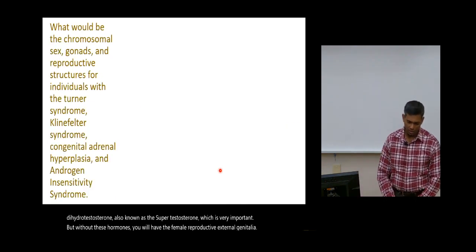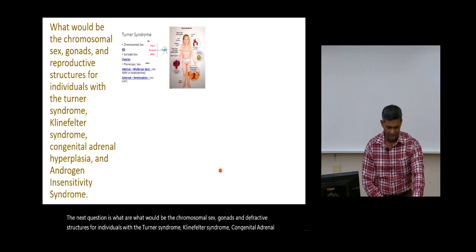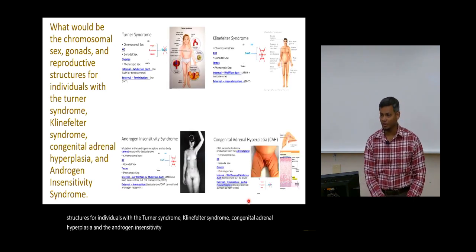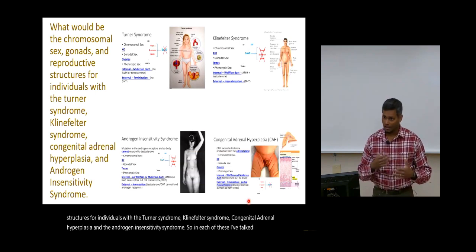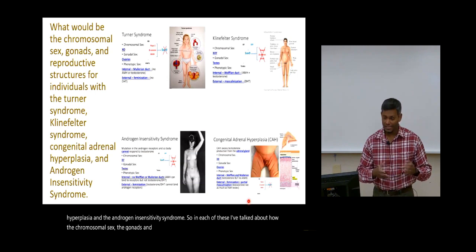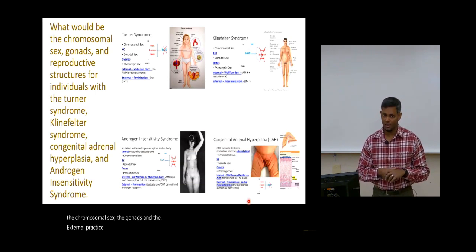The next question is, what would be the chromosomal sex, gonads, and reproductive structures for individuals with Turner syndrome, Klinefelter syndrome, congenital adrenal hyperplasia, and androgen insensitivity syndrome? So in each of these, I've talked about how the chromosomal sex, the gonads, and the external reproductive structures will be influenced.